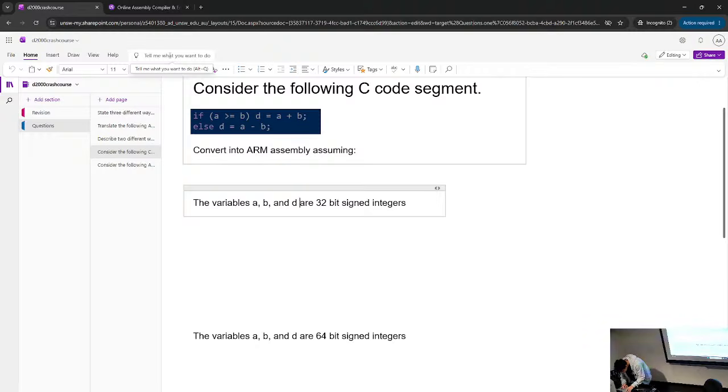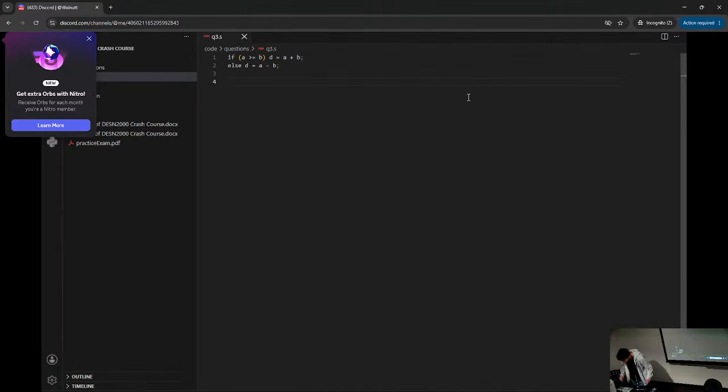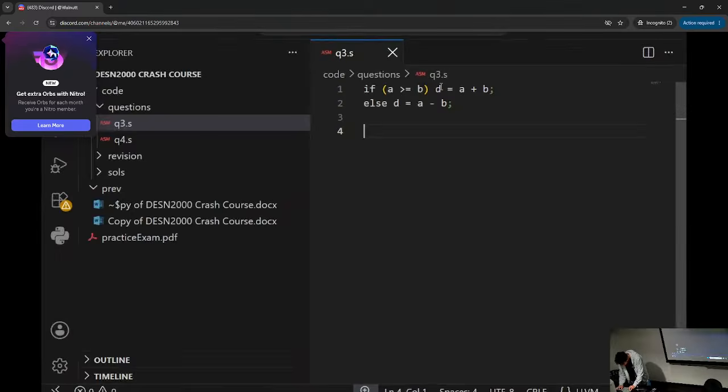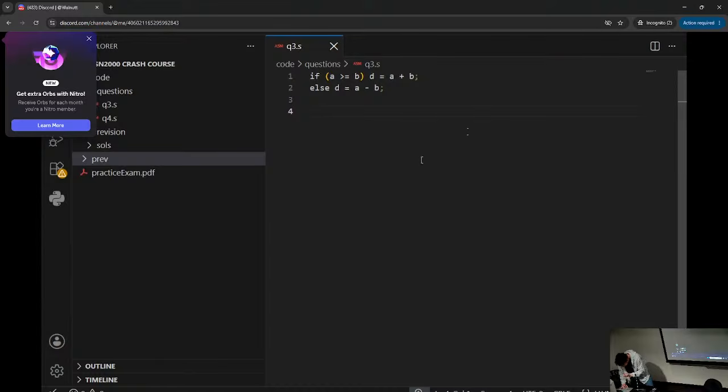Sorry about this, guys. Okay. Hopefully this is working. Yep. Nice. All right. First off, let me zoom in. Is that big enough? Can everyone see this? Cool.